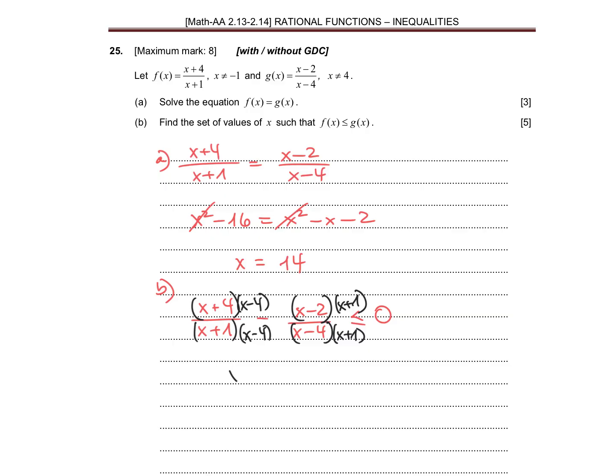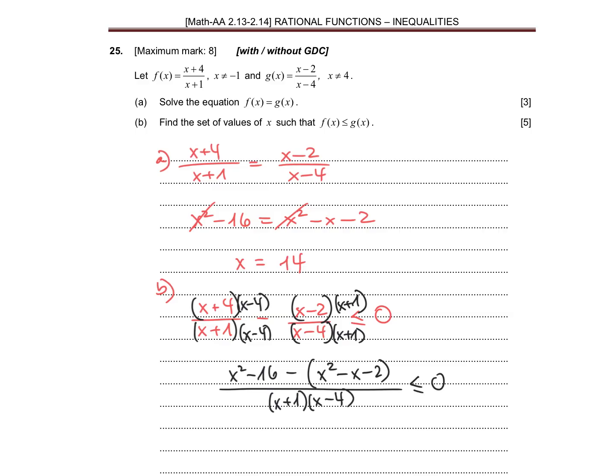So up top we're going to have x squared minus 16 minus, careful there, (x squared minus x minus 2) over (x plus 1)(x minus 4).